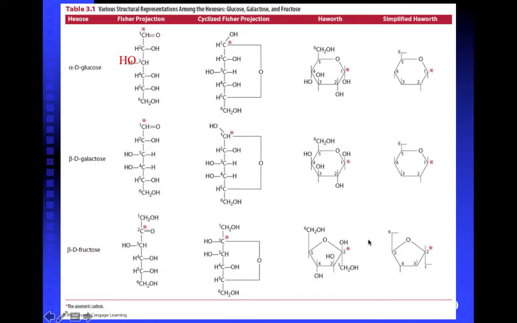So that's beta D-fructose. Simple enough. An easy way to do this is to memorize and practice drawing the structure of the Fischer projection and the simplified Haworth. That's the fastest, easiest way to do it. Again, that nomenclature is important because as we look through metabolism, we'll have to be able to identify those structures.